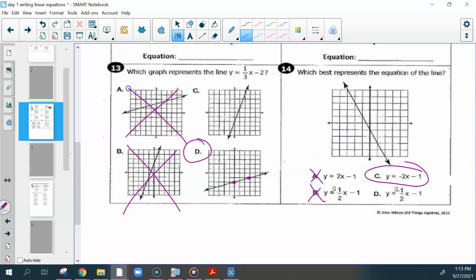And you could go back and double check. I see points all throughout this, so you can count any 2 points. I'm going down 2 and right 1 or up 2 and left 1 to get that slope of -2. Slopes with whole numbers are also steeper than slopes with fractions.